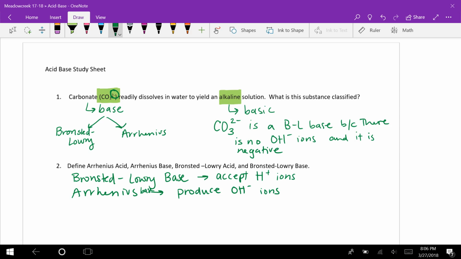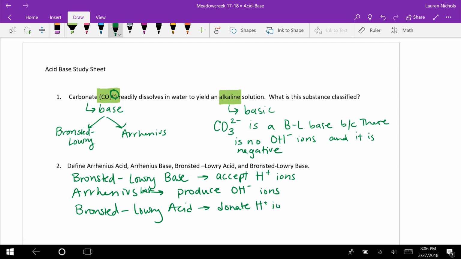So if we continue to do number 2, but look at what it means to be those acids, a Bronsted-Lowry acid is one that will donate H+ ions.